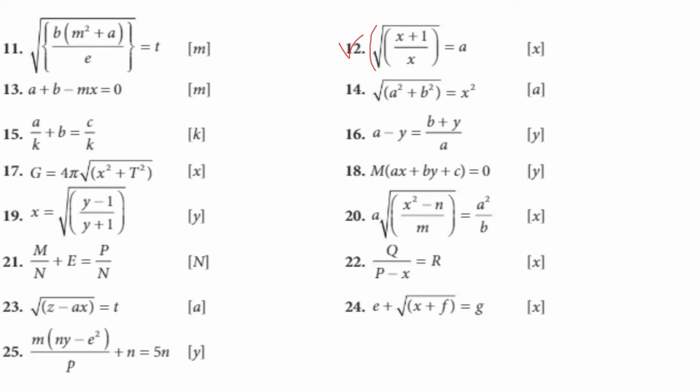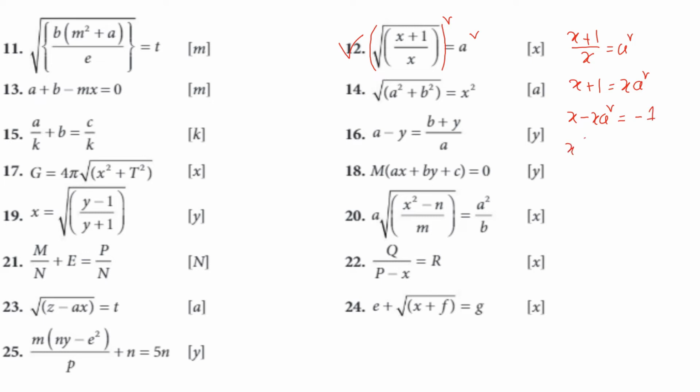Okay, if we go for some other questions, say question number 12, we need to square on both sides. If we square both sides, the expression is x plus 1 by x equals a square. Now we are going to make x the subject, so we can cross multiply: x plus 1 equals a square x. Take x common by taking x to the left side, so you can write x minus a square x equals minus 1.